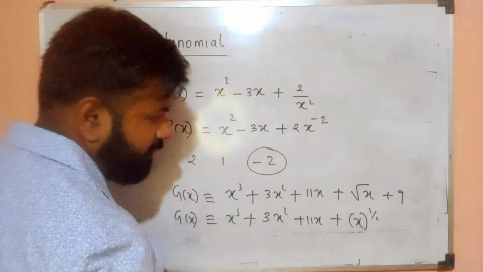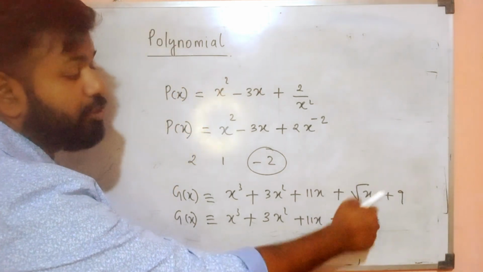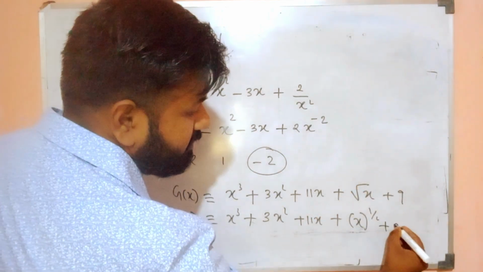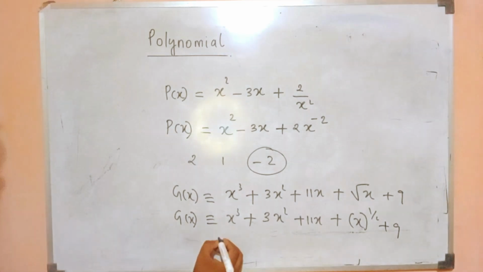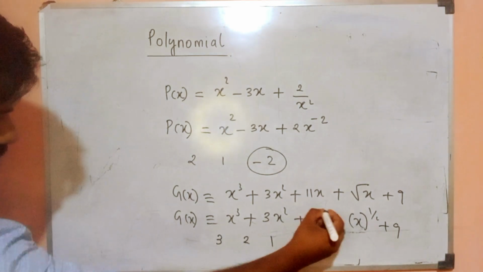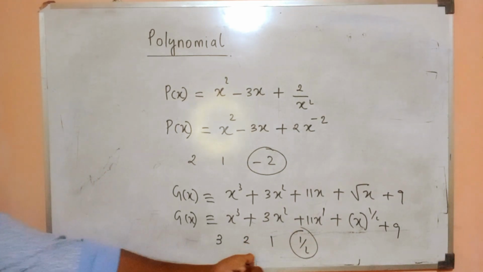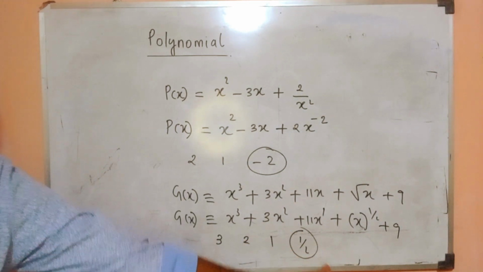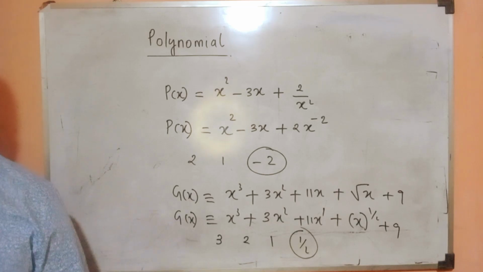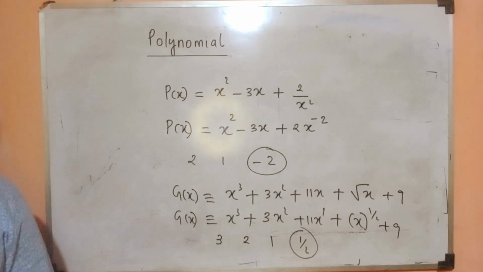We can write root of x as x to the power half, plus 9. So what about the exponents here? 3, 2, 1, and then half. Here's a red flag, because the exponents cannot be fractions. So this is not a polynomial.